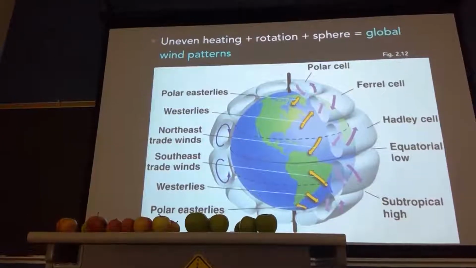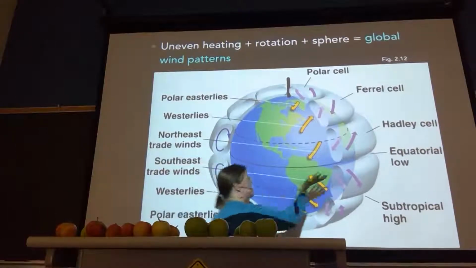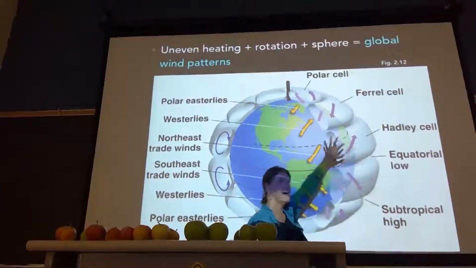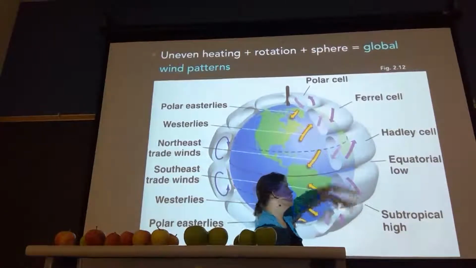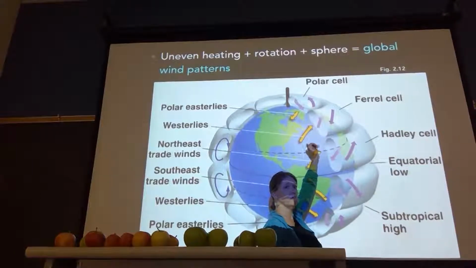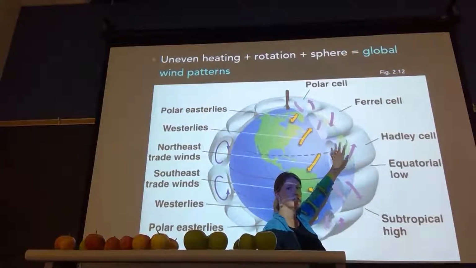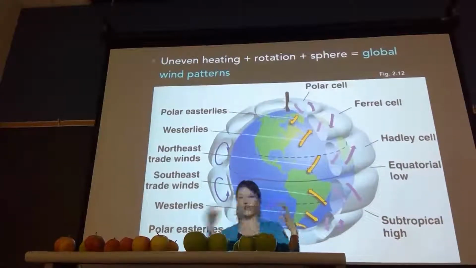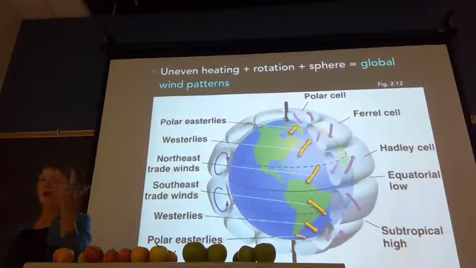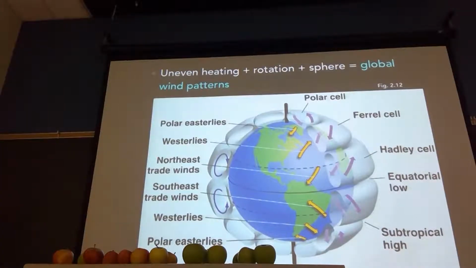Okay, in places where you have warm air rising and then cooling, you're going to have precipitation. But where you have cold air coming back down or warm air descending that's already rained out all of its precipitation, you're going to get a desert because all the moisture is gone from the air as it's returning to the earth. Okay.